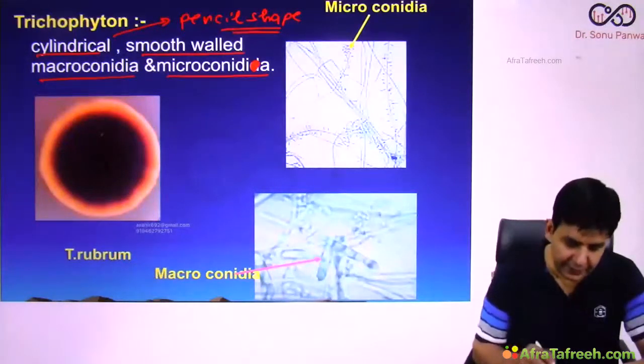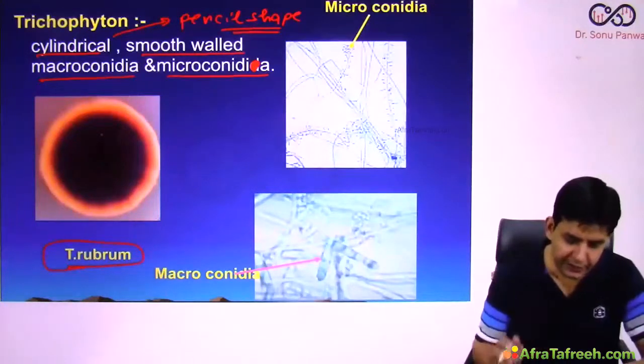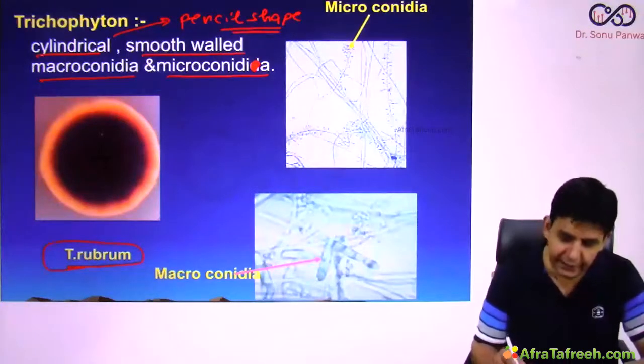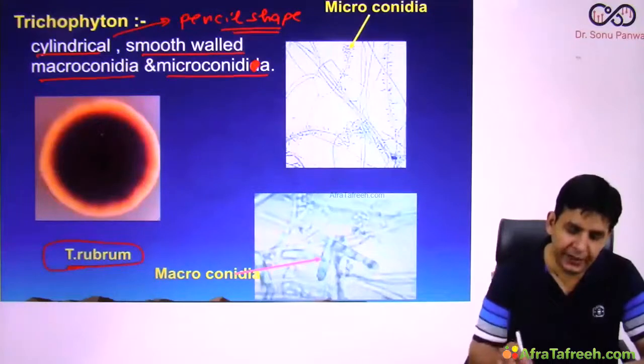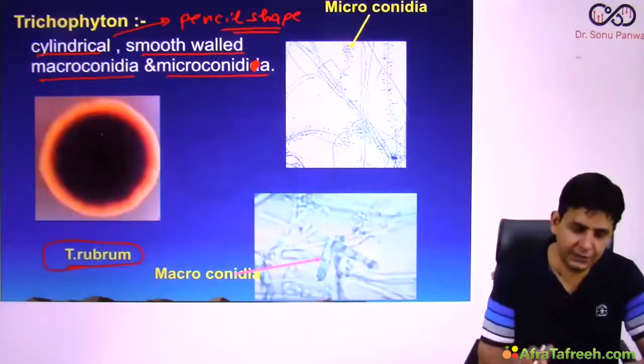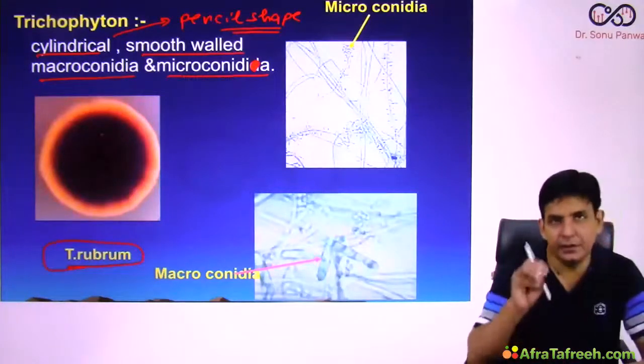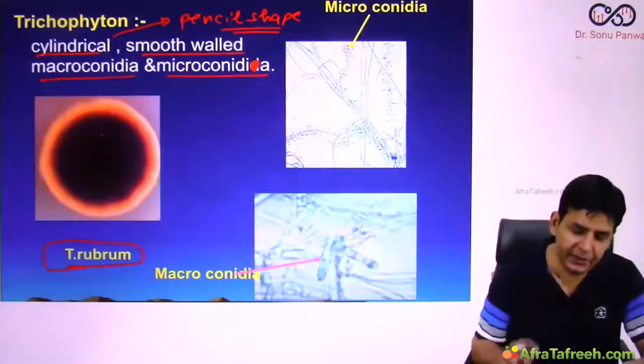This is the important Trichophyton rubrum. As you can see, this is the macroconidia here, which is cylindrical or pencil shaped, with numerous microconidia. So remember, Trichophyton has cylindrical macroconidia along with numerous small microconidia.